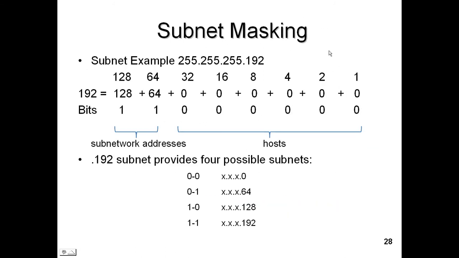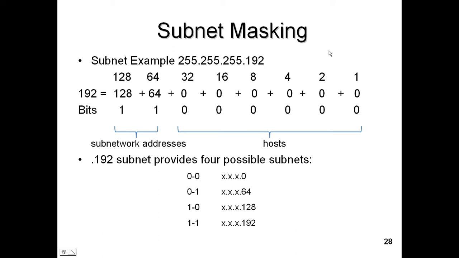Now, we're going to talk about subnet masking and how we can manipulate it in a Class C network for this example. In a Class C network, we can manipulate the last octet so it doesn't end in 0. So it ends with a different number. And what does this do when we do subnetting or subnet masking?